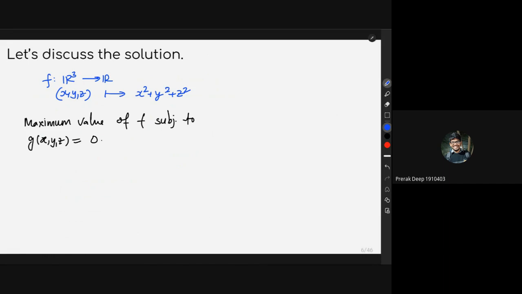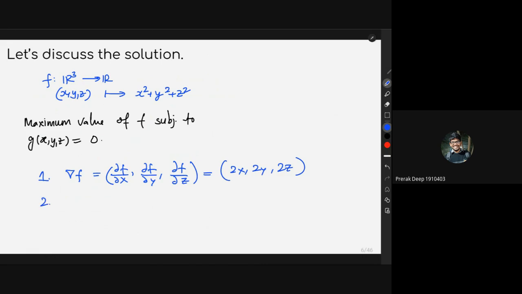For that, the Lagrange multiplier method says that you first need to calculate del of f, which is dou f by dou x, dou f by dou y, dou f by dou z, which is the gradient of f. If you calculate this, you will get 2x, 2y, 2z.